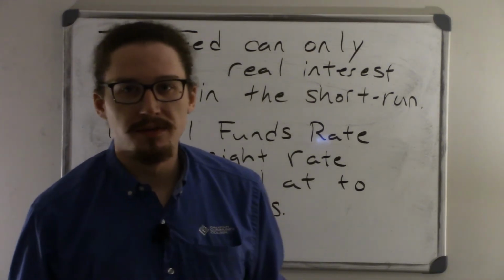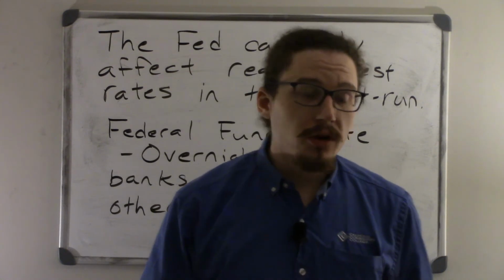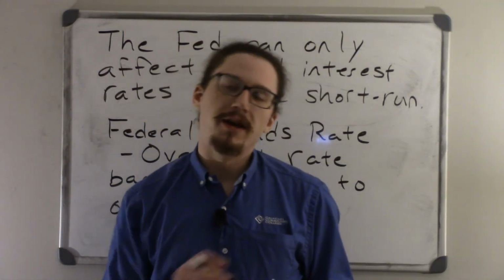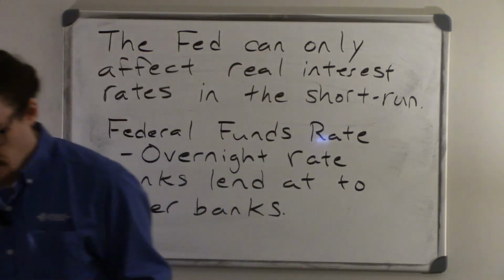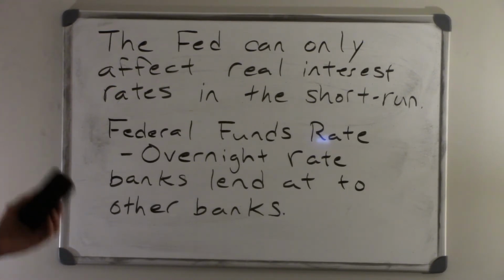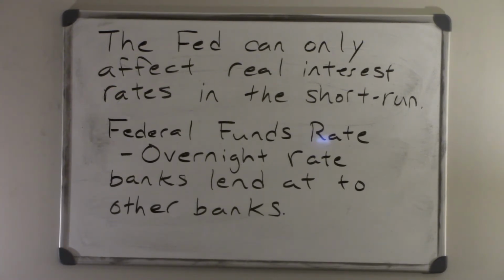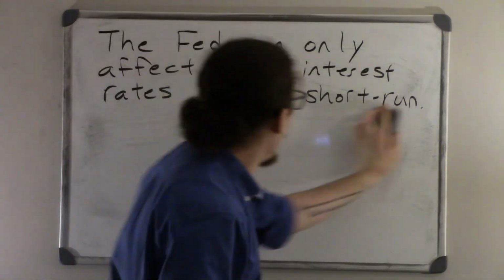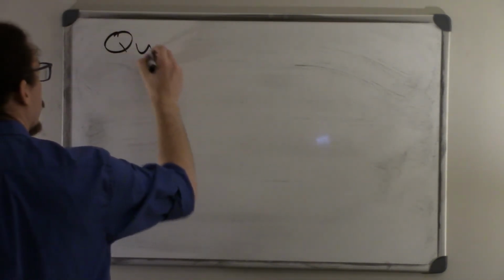So it's not going to have a huge impact, because it is very short term. However, it's used more as a signal for what type of policy the Fed is trying to use. So it is important as an indicator of the Fed's intentions, essentially. But we will talk about how that signals the different policies in the next chapter.